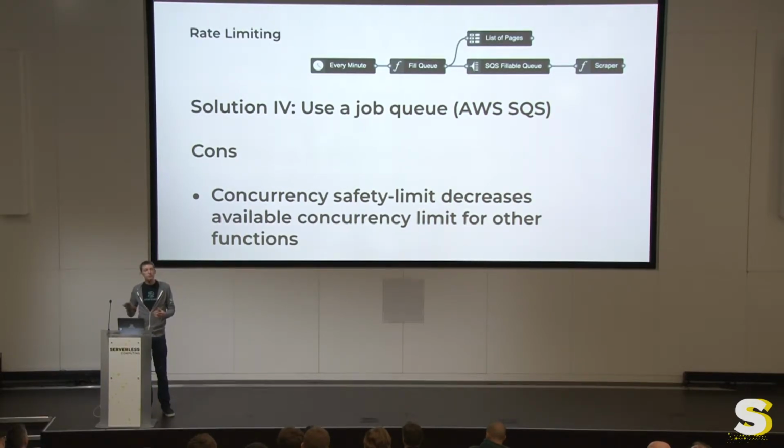If we reserve 50 for this rate limiting example, that means that we can only have 950 other invocations of other functions, no matter what. So setting that concurrency safety limit decreases the available concurrency limit for other functions. To counteract that, you need to make sure that you're always increasing your total limits for concurrent Lambda invocations. But that's something that you can manage.